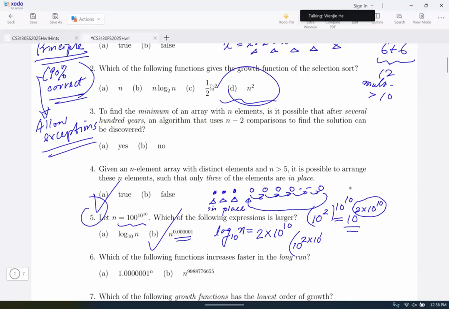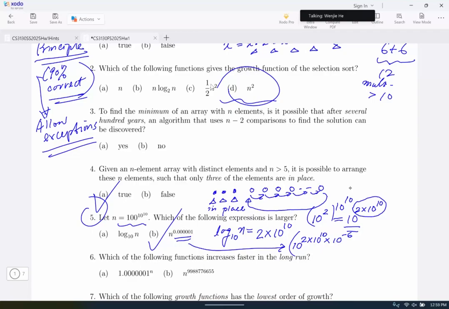Then multiply by 0.000001, which is 10 to the -6.